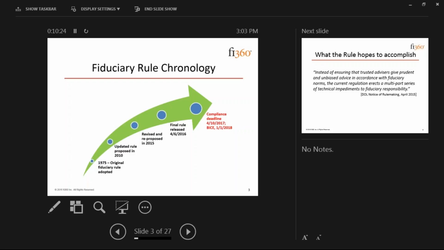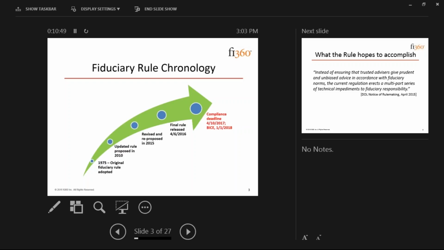The DOL pulled it back, and based on the comments they received then, tweaked it, changed it, considered other adjustments that they might make, and then re-proposed it last April in 2015. They had the comment period, and the comment letters they received on the rule were an extensive amount of comments.